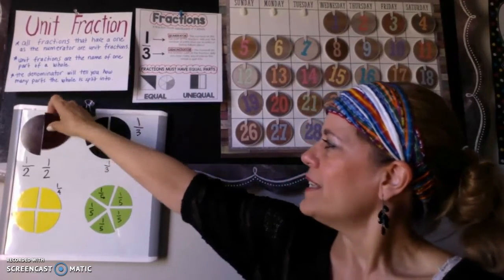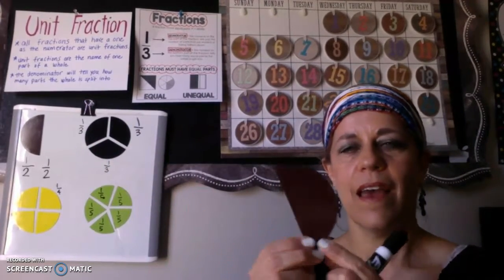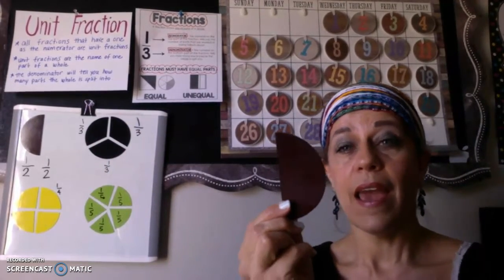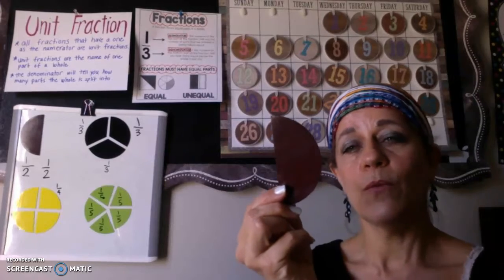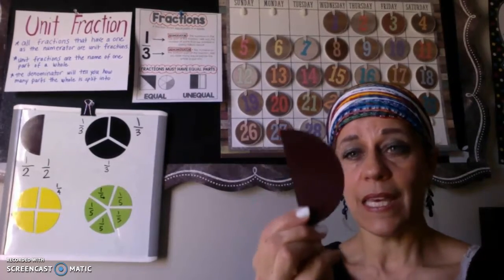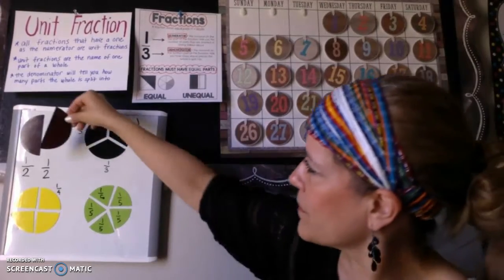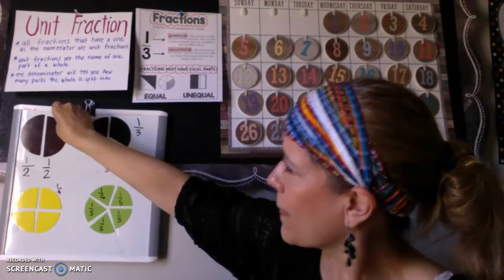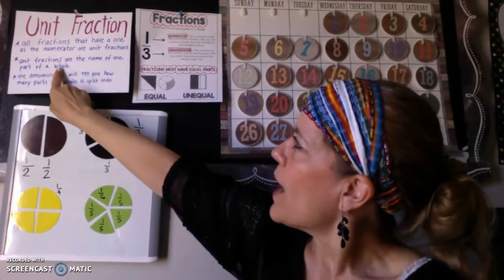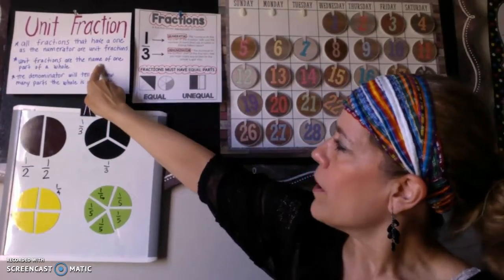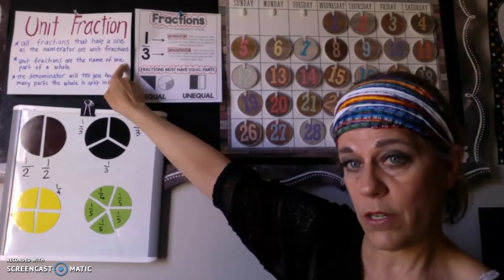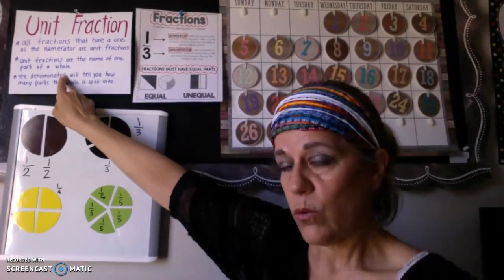So if I take this piece, I know this is 1/2, half, it would be 1 over 2. This is a unit fraction. Unit fractions are the name of one part of a whole.